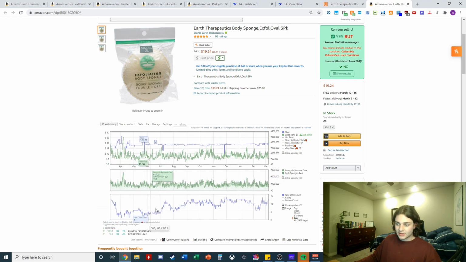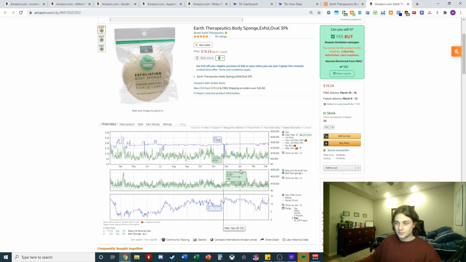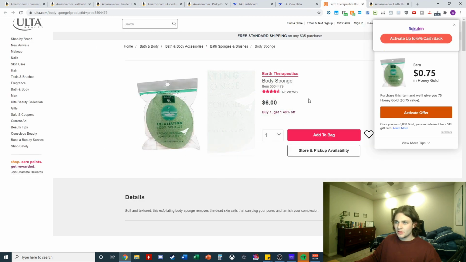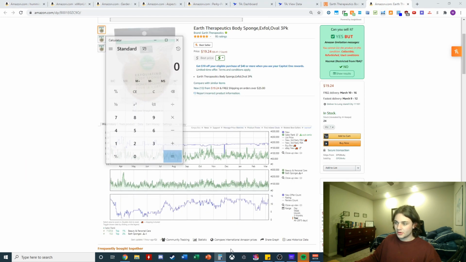It looks like the number of sellers has been pretty steady. So if you're able to find maybe a good coupon code or something on this product, it could be worth checking out. Tactical Arbitrage picked it up from Ulta right here with a buy one get one 40% off coupon, plus some cash back. So that's going to make it 20% off per unit if it's buy one get one 40.